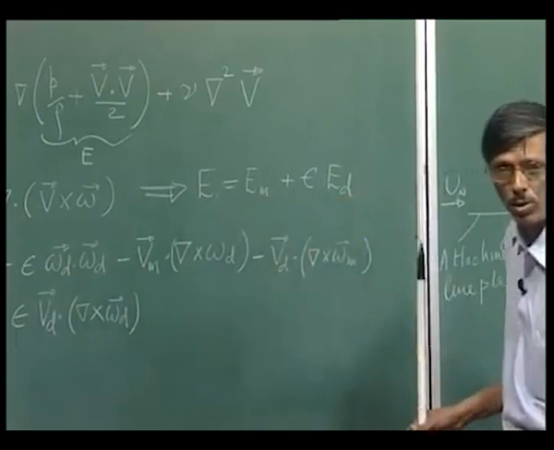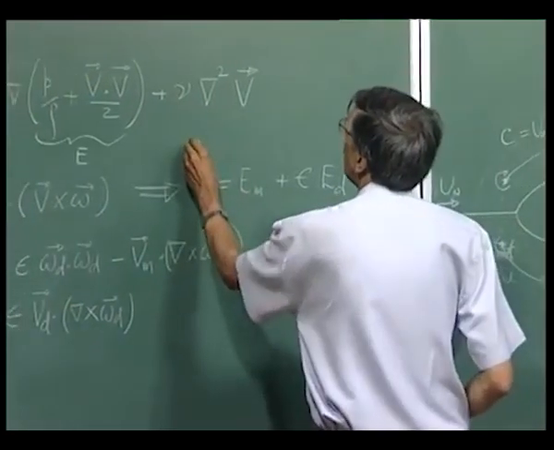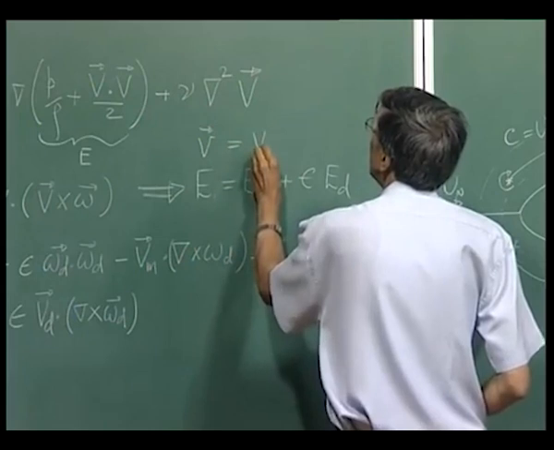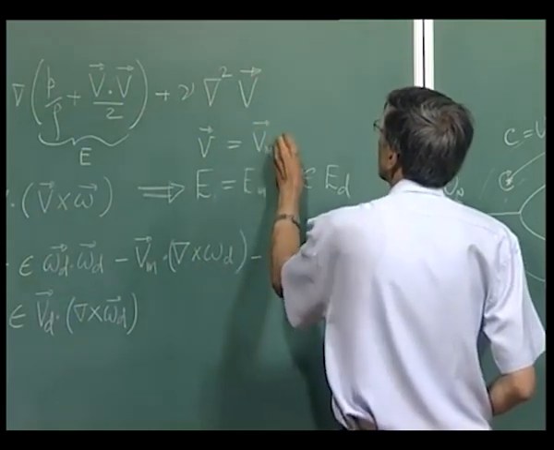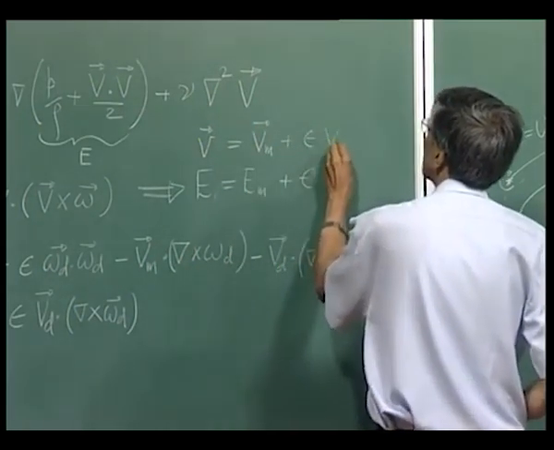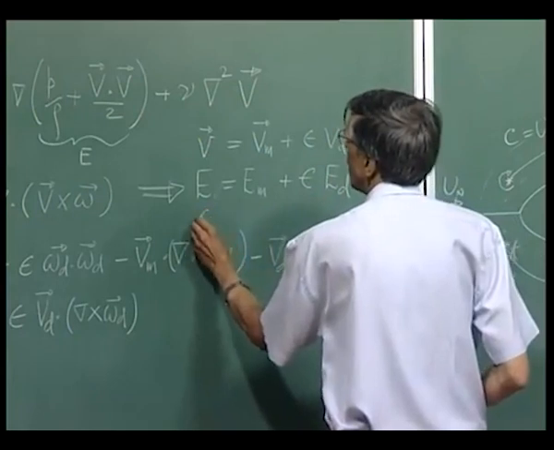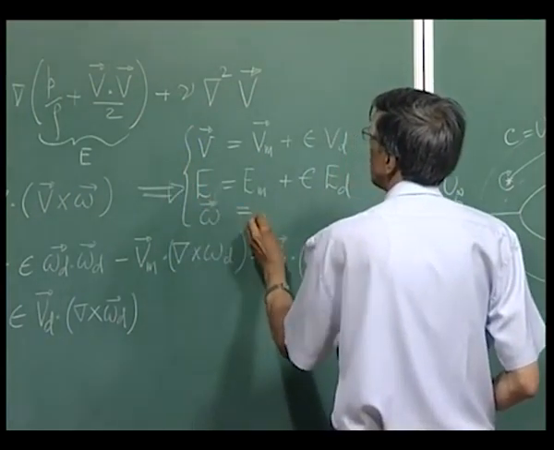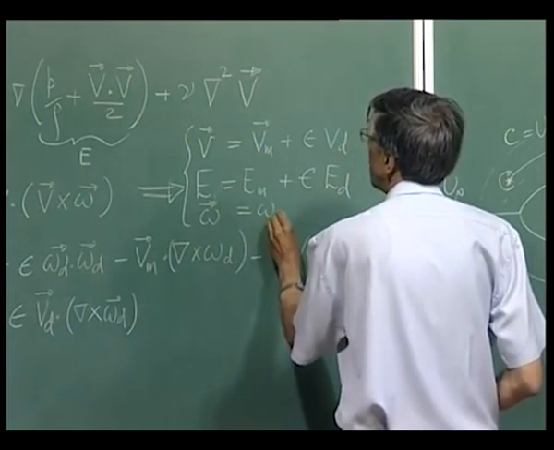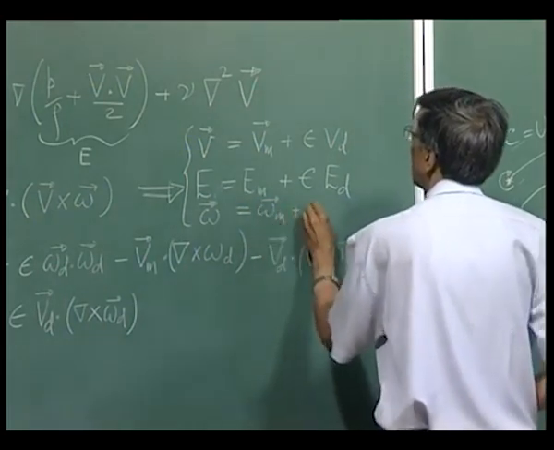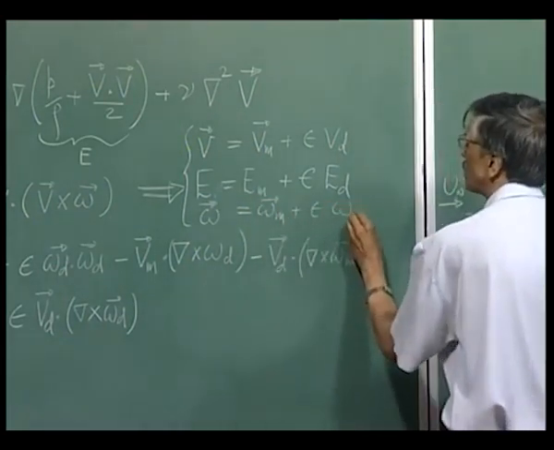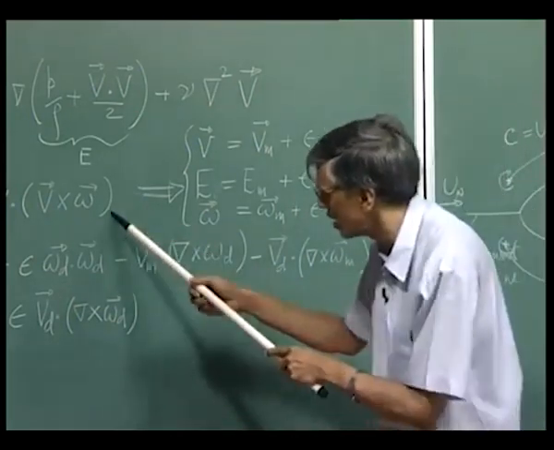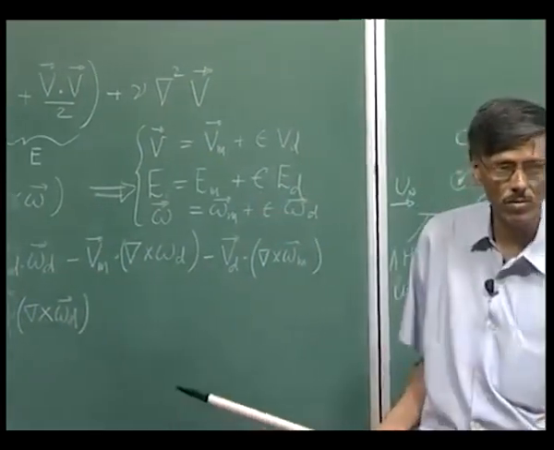In the same way you can do the splitting for the velocity field also into a mean part plus a disturbance part, and the same way you could split the vorticity field also into a mean part and a disturbance part. If we do this, then this equation represents this.